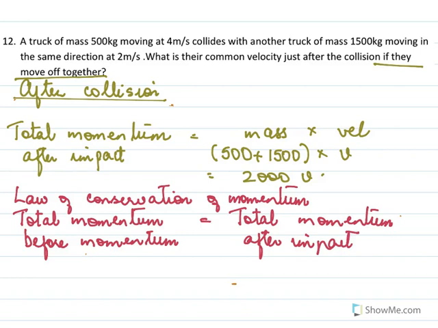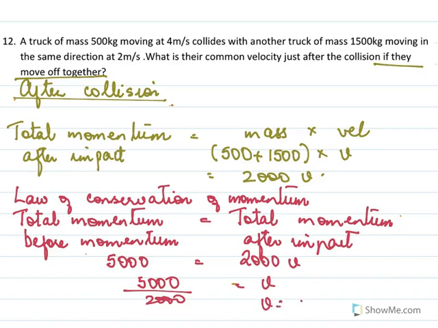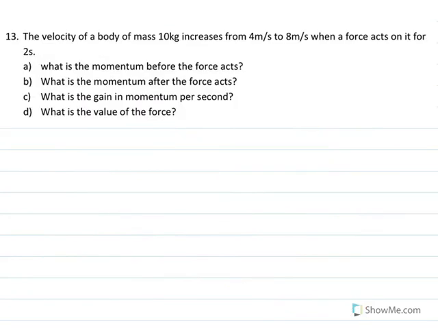So total momentum before impact is 5000 and after impact is 2000 v. So v will be 5000 over 2000, so v will be 2.5 meter per second, which means both the trucks now will move together with a velocity of 2.5 meter per second.